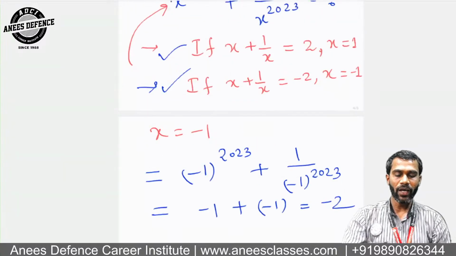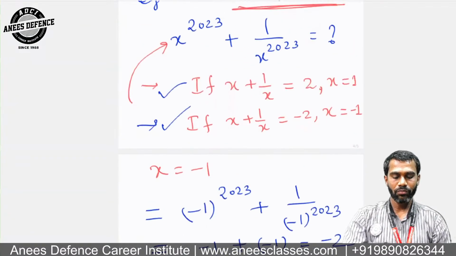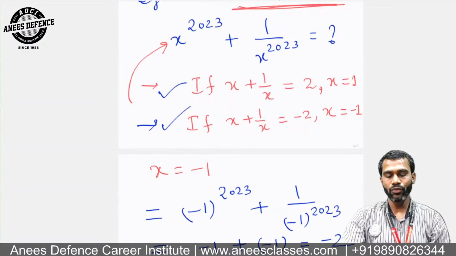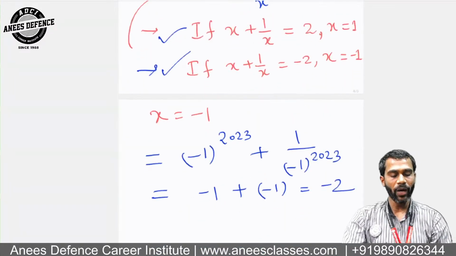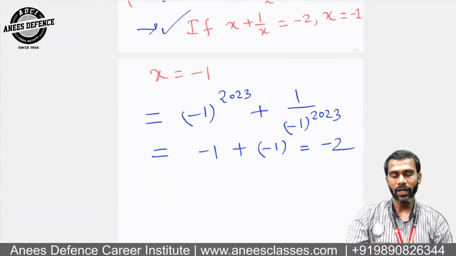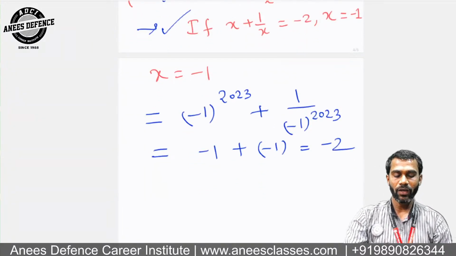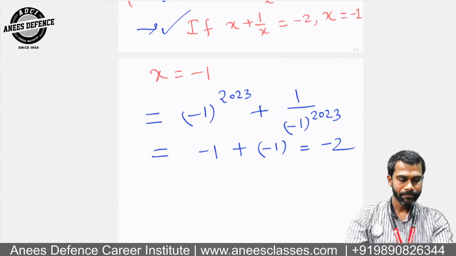Now replace x by minus 1 in the question they have asked. So minus 1 raised to 2023 plus 1 by minus 1 raised to 2023 will give you minus 1, because minus 1 raised to any odd number will give you minus 1. So minus 1 and minus 1 will give you minus 2. I hope it is clear.